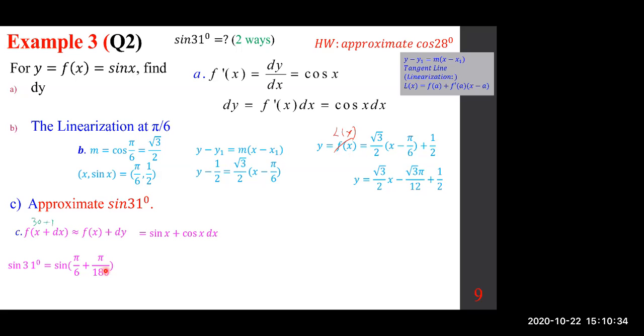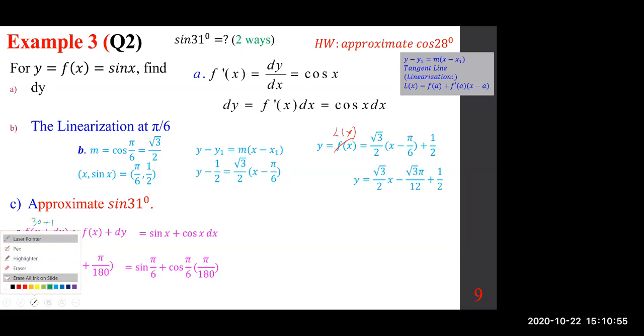And so sine of pi over 6, we know the answer, 1/2. Cosine of pi over 6, we know the answer, square root of 3 over 2. And pi over 180 is 3.14159, continues indefinitely, over 180.